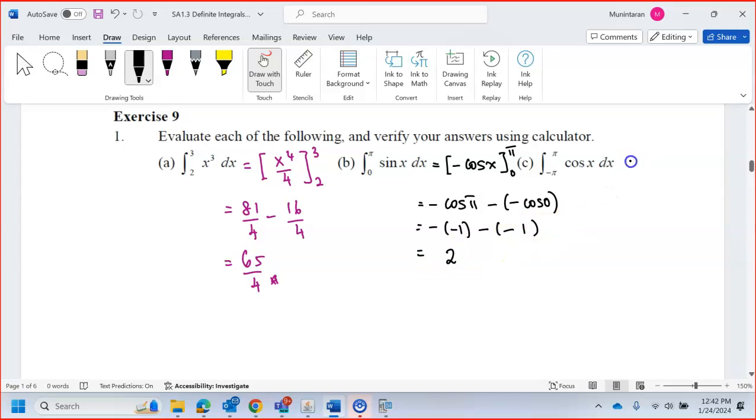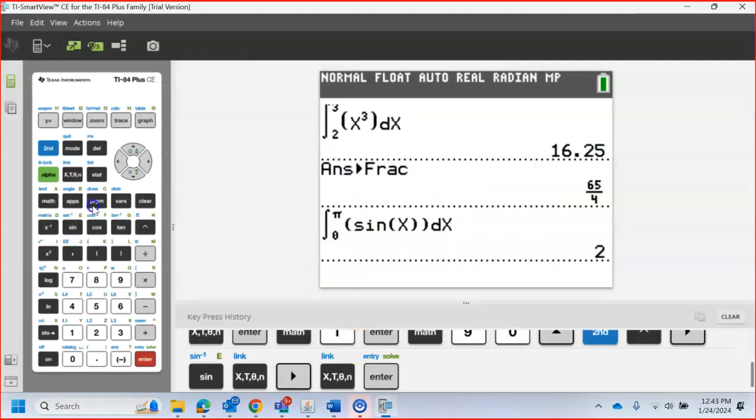And the last one, the integral of cos gives you sine x from negative pi to pi. So that will be sine pi minus sine negative pi. Sine pi is 0, sine negative pi is also 0. Answer is 0. We can check again.